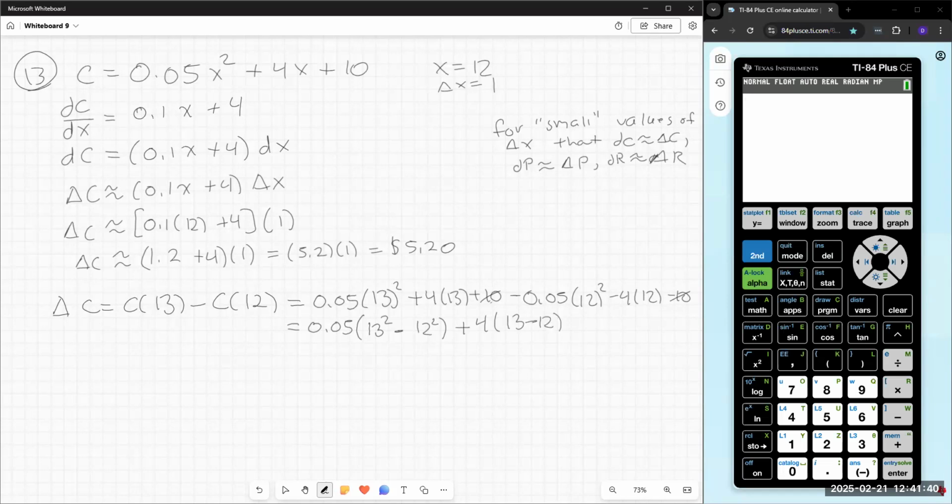And the constants will always zero each other out. So this is going to be 0.05, which is 5 over 100, which is 1 over 20, times 13 squared, which is 169, minus 12 squared, which is 144.